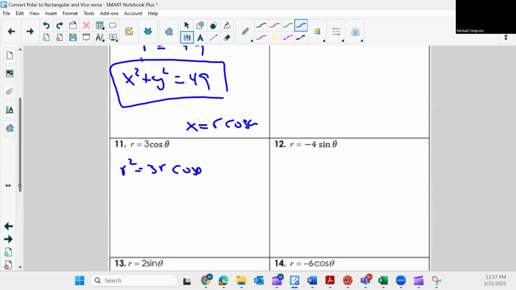But when I do that, the r squared becomes x squared plus y squared is equal to 3x. Everybody see that? Good. Now, I'm going to bring everything to one side of the equation: x squared minus 3x plus y squared is equal to 0.